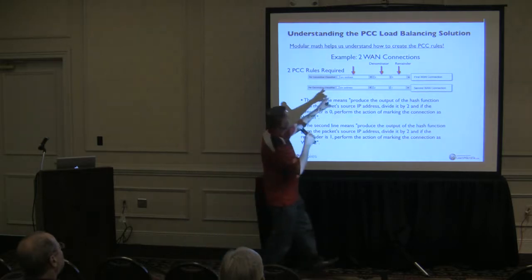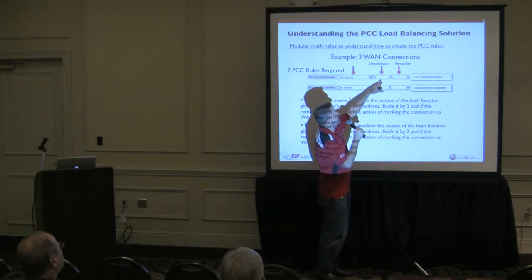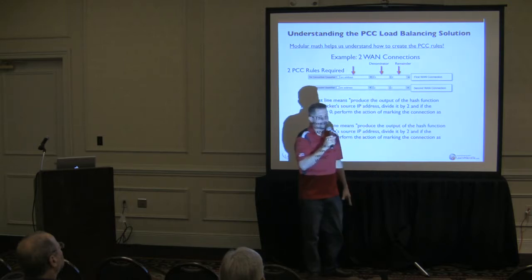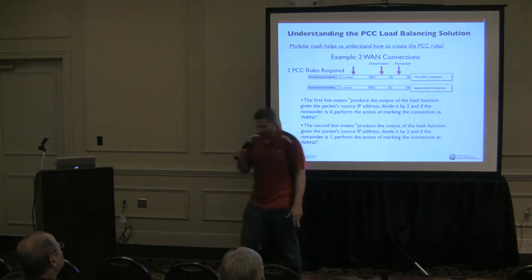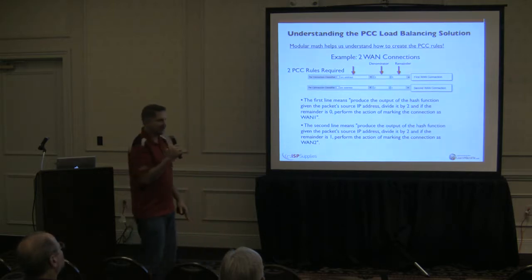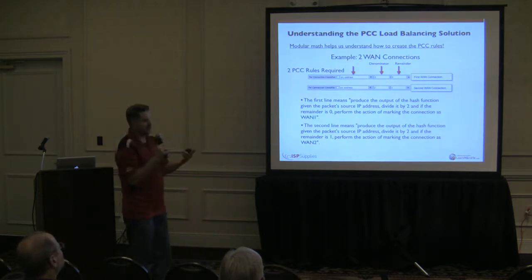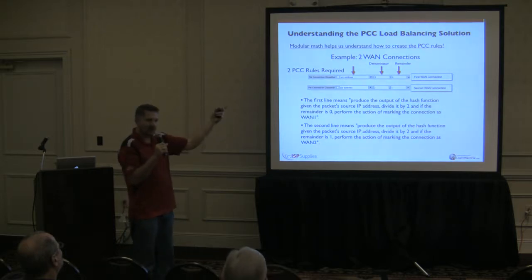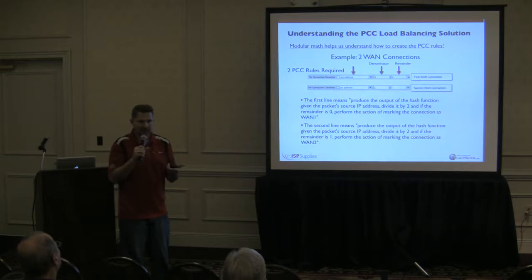The other 2 settings you have to put into the PCC rule are the denominator and the remainder. The denominator is always going to be an integer number equal to the number of connections that you have. So if you have a dual WAN connection, you'll have the number 2 always in the rules. If you have 2 WAN connections, you'll always have 2 rules.